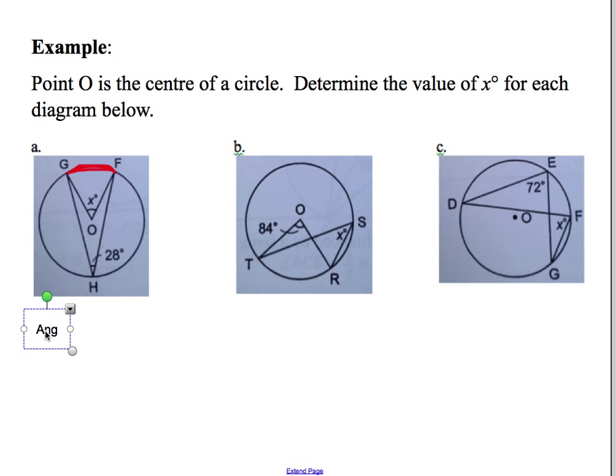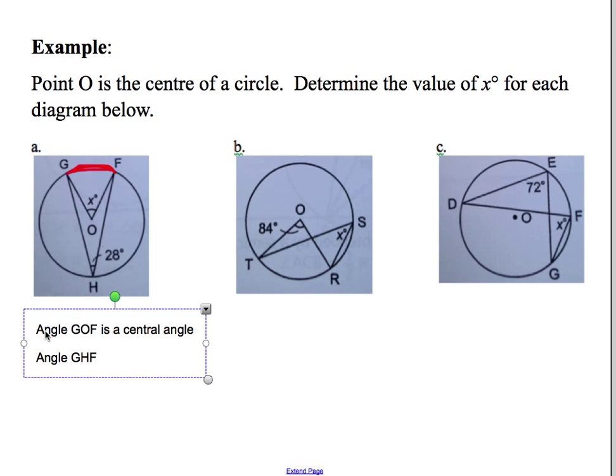Here is my minor arc, GF. Notice that here is my central angle because I start at G, I go to the center, and I end at F. So angle GOF is a central angle. Angle GHF is an inscribed angle. Okay, inscribed. So therefore, there's that 2-to-1 relationship.